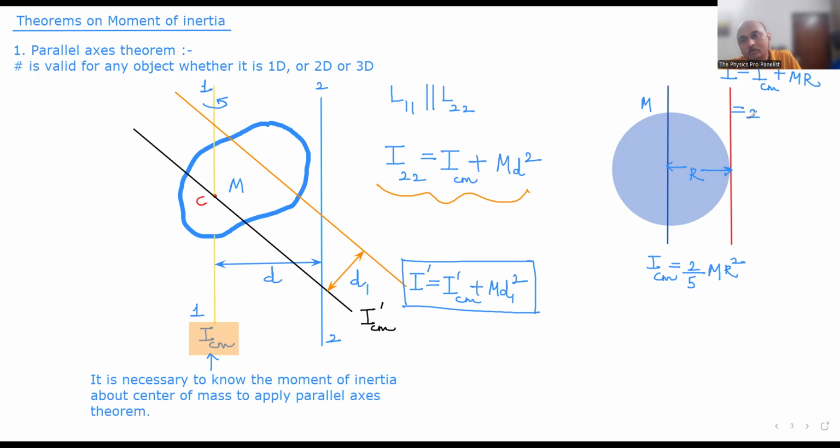So this is 2 by 5 MR square plus MR square, or this is 7 by 5 MR square. This is I. Clear? इसके अबाउट I निकालना. Yes, sir.